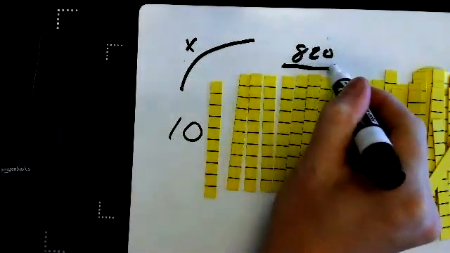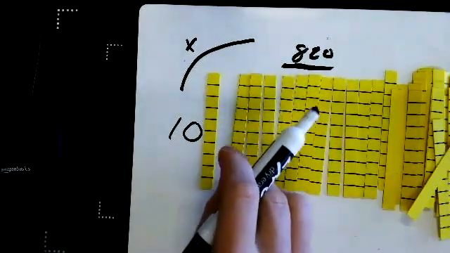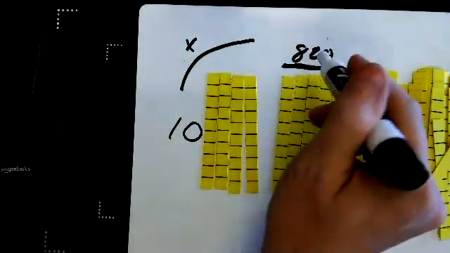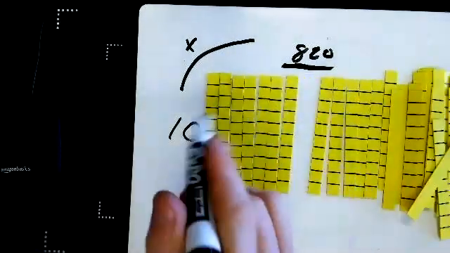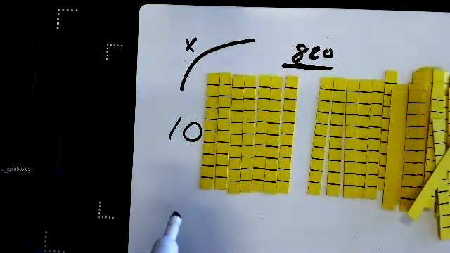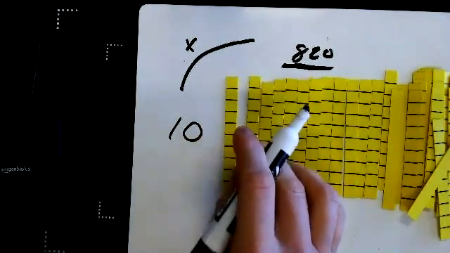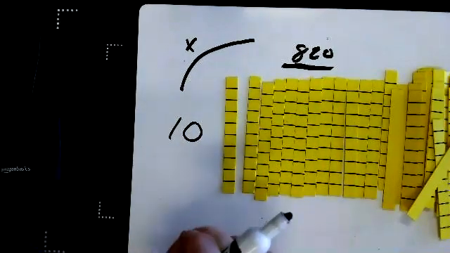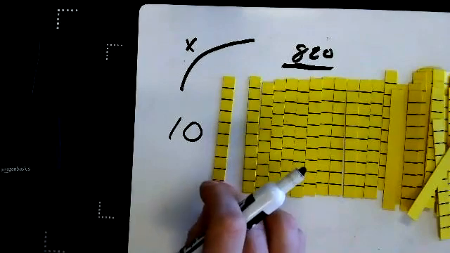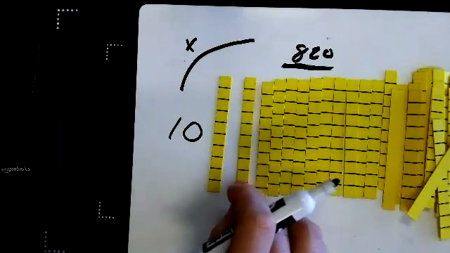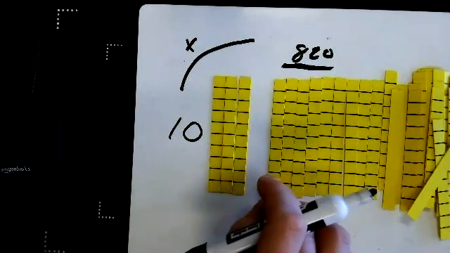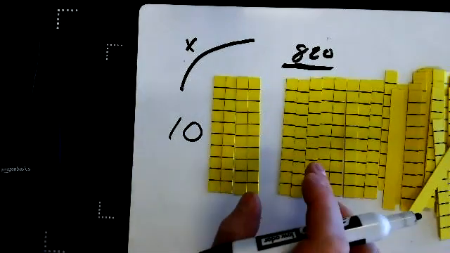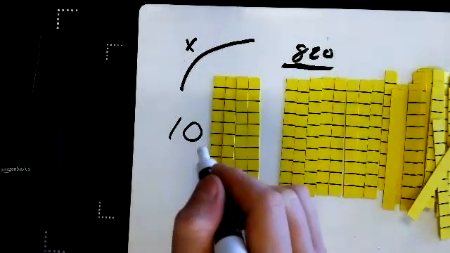Yeah, 820 strips, because there's 1 strip, 2, 3, 4. So this dimension matches how many strips I have when I'm multiplying by 10. And so you can count up 820 tens. 1 ten is 10, 2 tens is 20, 3 tens is 30, 4 tens.